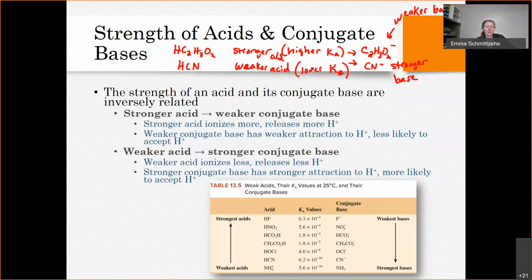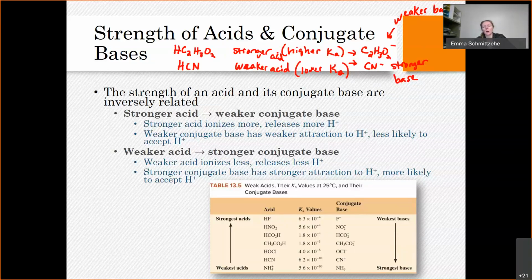So if something has a higher Ka value, it's a stronger acid, then its conjugate is actually going to be a weaker base. Whereas if something has a higher Kb value, which indicates base strength, it would be a stronger base, meaning its conjugate acid is actually going to be weaker than things that have a lower Kb.